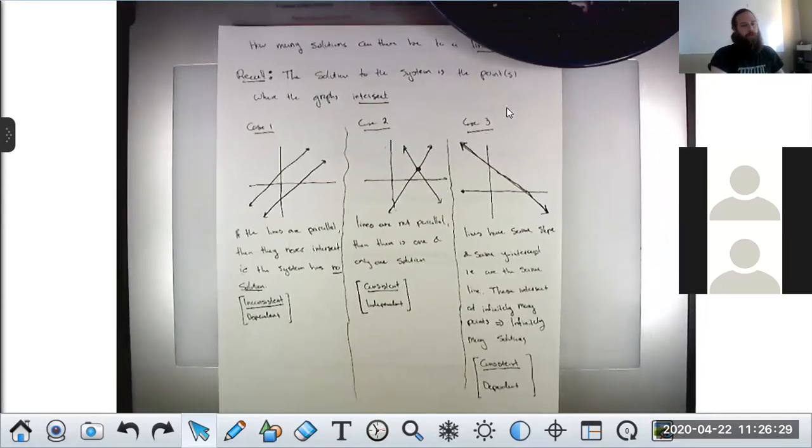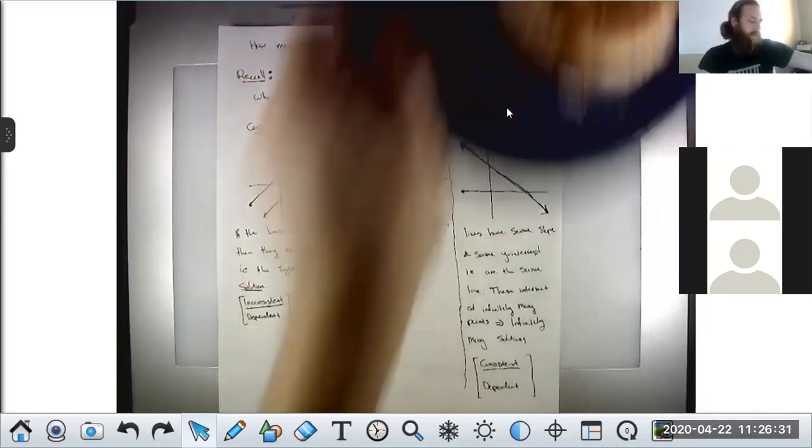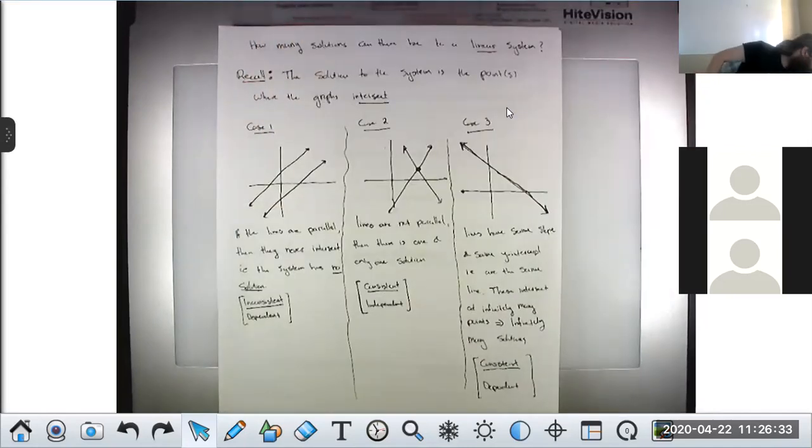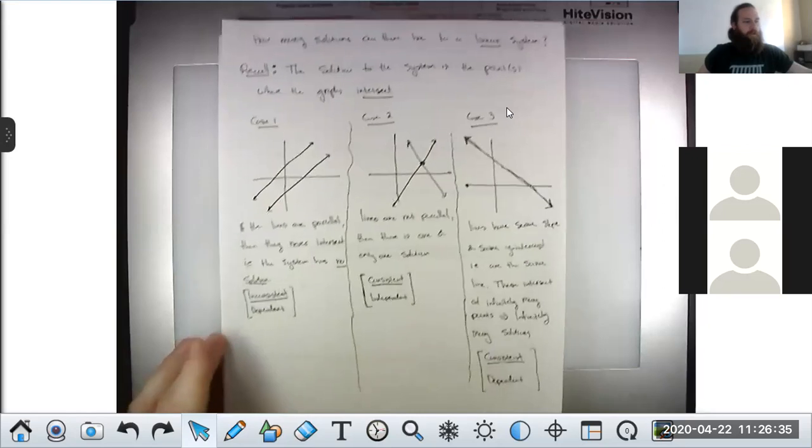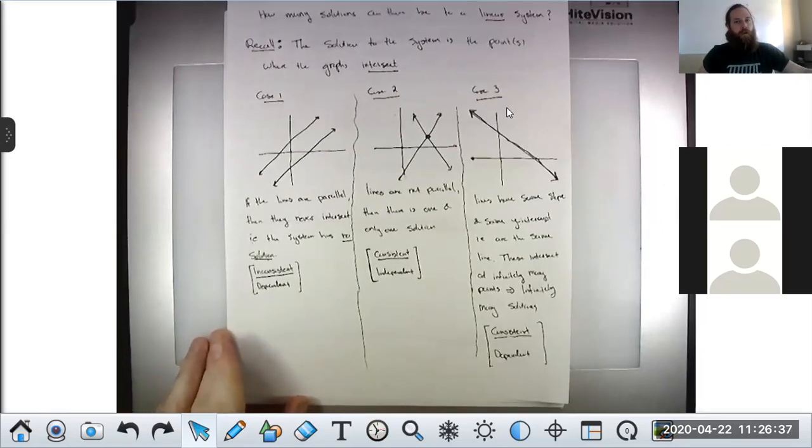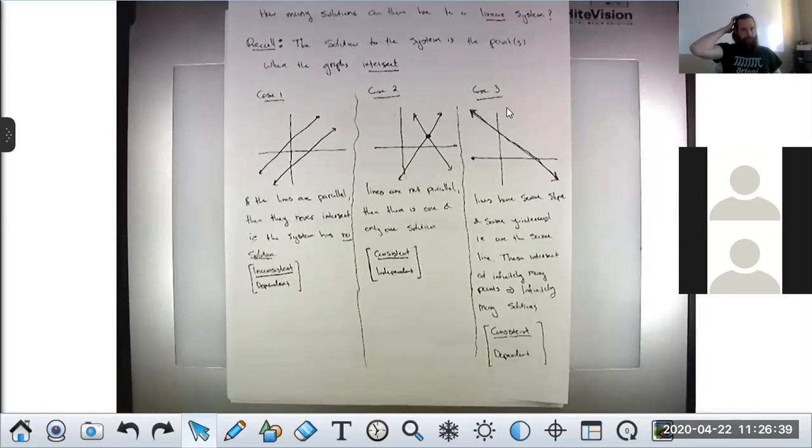We don't know what linearly independent means unless you had a really good 1033 teacher. So if that's terminology you haven't heard before, don't stress it. A system is called consistent if it has a solution, and it's called independent if the two lines have a different slope, otherwise it's called dependent.